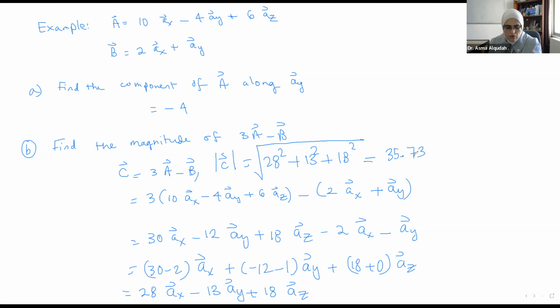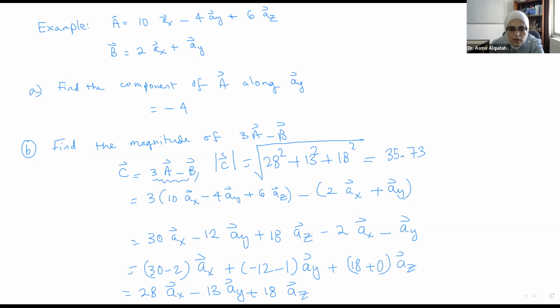So the magnitude of vector c is equal to 35.73, which is equal to the magnitude of 3a minus b.